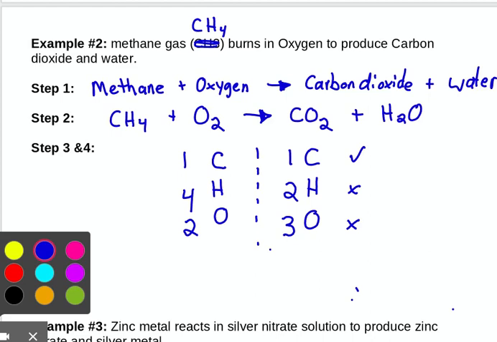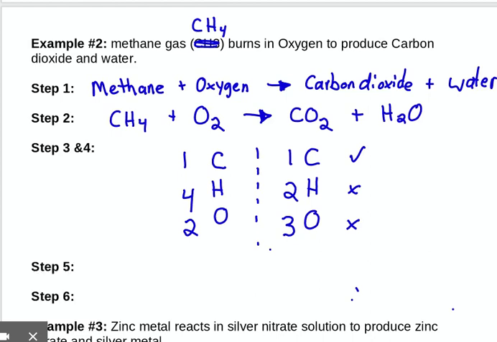And it also said to start with elements that only occur once on each side. So if we look, hydrogen is only occurring once on each side. Oxygen occurs twice in our product side. So we're going to start with hydrogen.